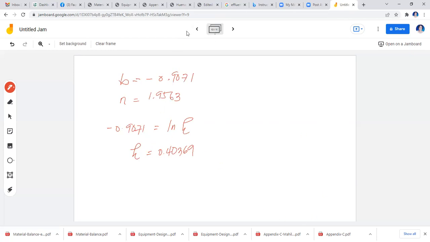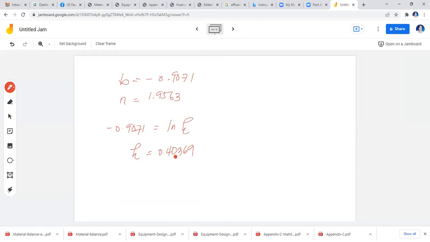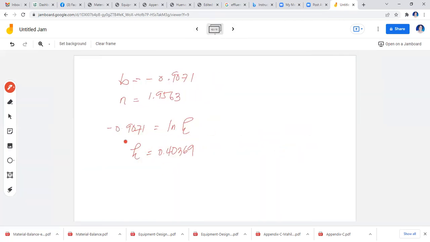Kindly check. Our previous computation for the k is 1.3461. So very far. This one is just 0.40369. Our n was 1.5671; this one is 1.95, more or less 2.